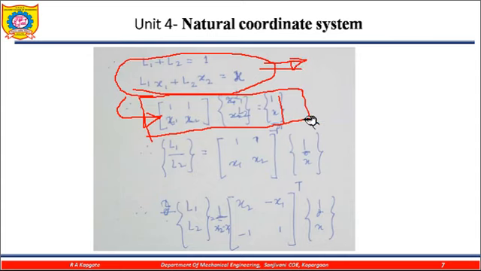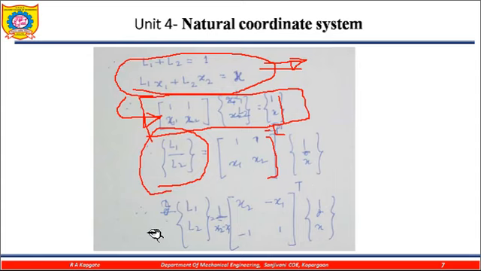Once this is converted into matrix form, then we can find a lot of things. Now the L1 L2 matrix is equal to the inverse of the 1 x1 x2 matrix, multiplied by the 1 and x matrix.